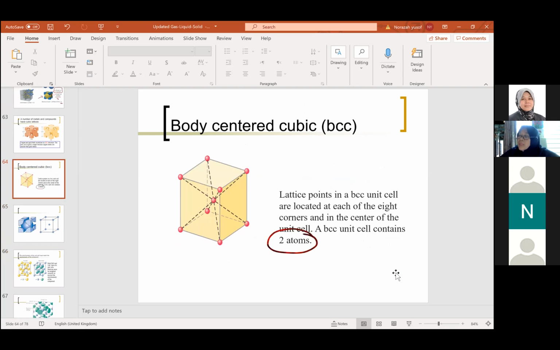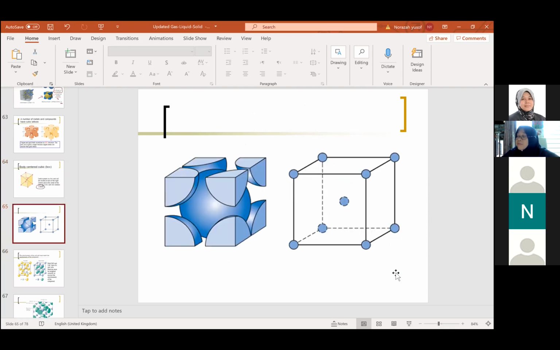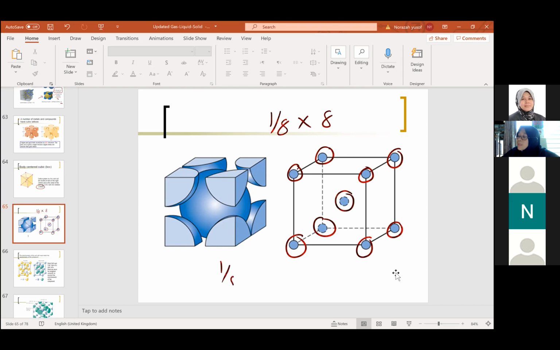It's quite easy to identify because 1/8 times 8 corners contributes 1 atom, and you have 1 in the middle. So you have 1/8 times 8 plus 1. For body-centered cubic, you have 2 atoms per unit cell.